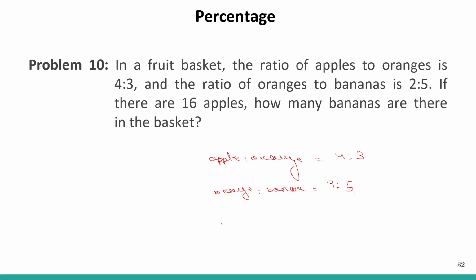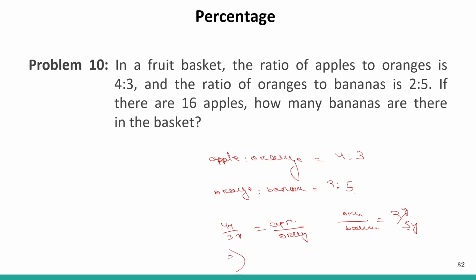So it can be written as 4x by 3x, which is apples by oranges. And oranges by bananas is equal to 2 by 5, that is 2x by 5x, or 2y by 5y.